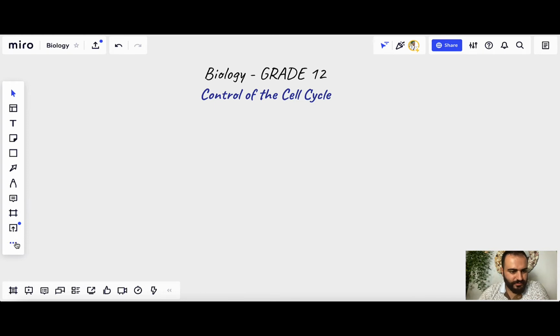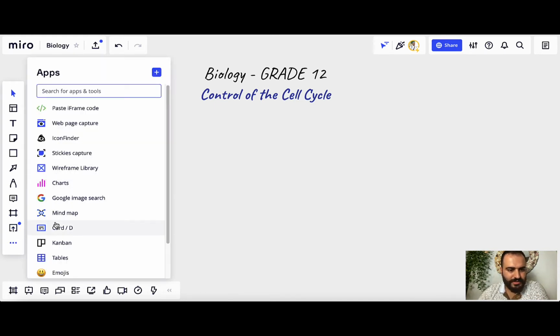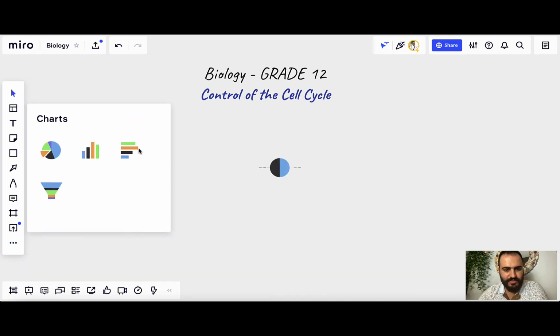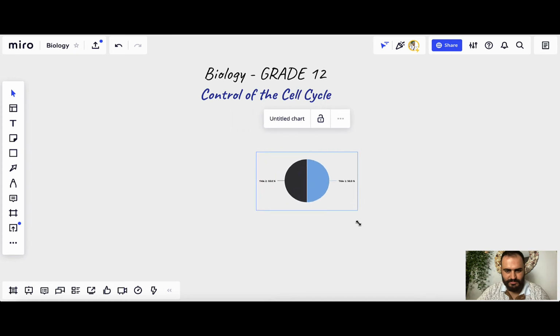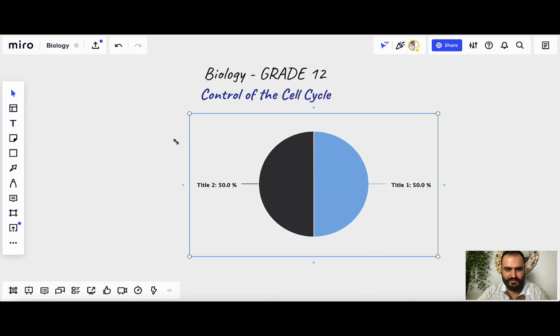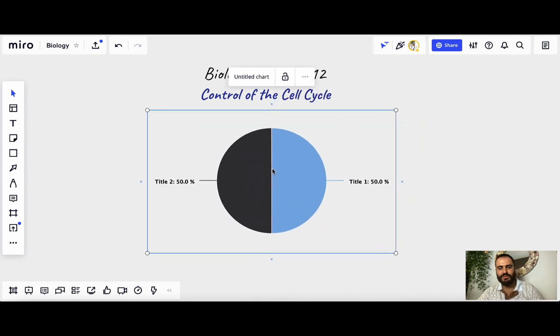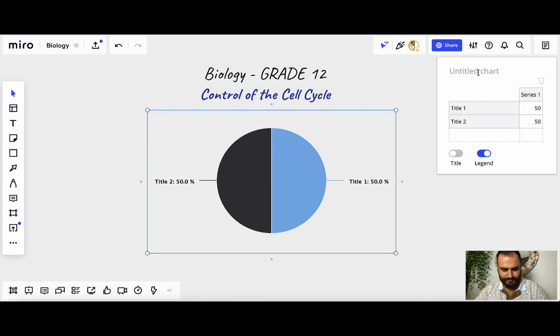First of all, we know that the cell cycle is divided into 3 stages. Let's recall these stages because we will need them in order to understand more about the control of the cell cycle. So in this pie chart, I'm going to write the phases, starting with the G1 phase.